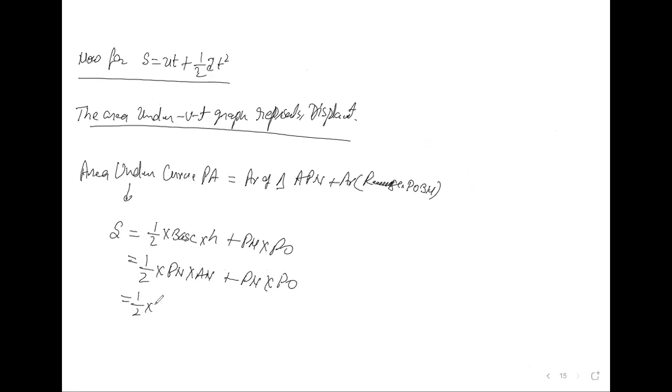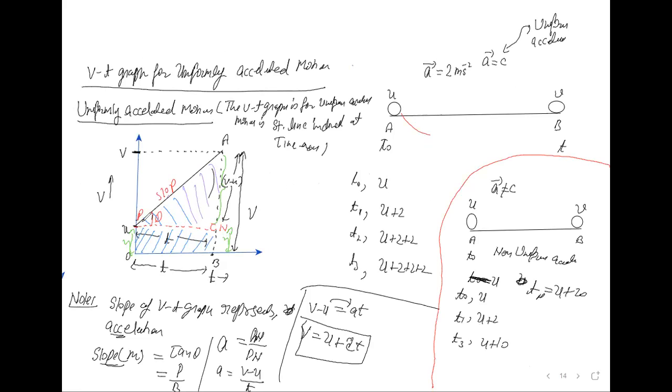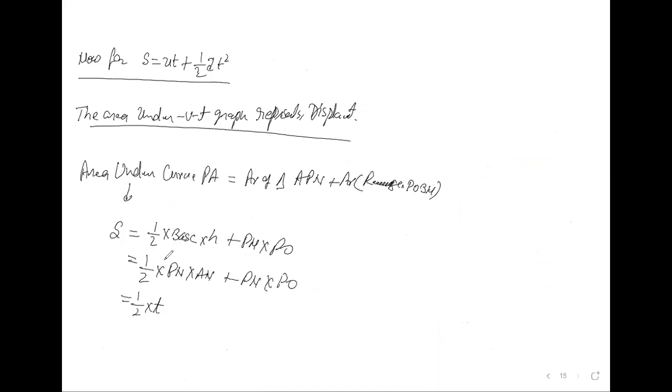PN is t, and PO is u. So half, PN is t and AN is v minus u, plus PN again t and PO is u.